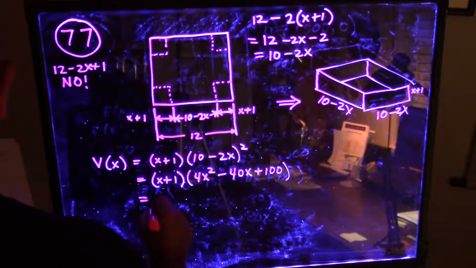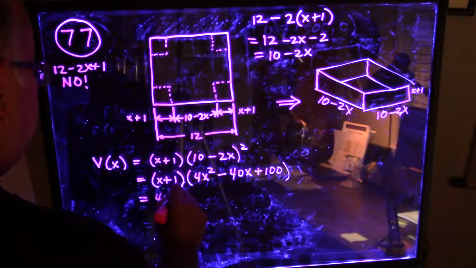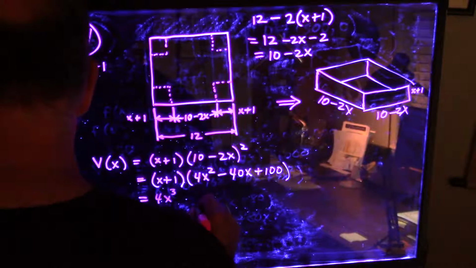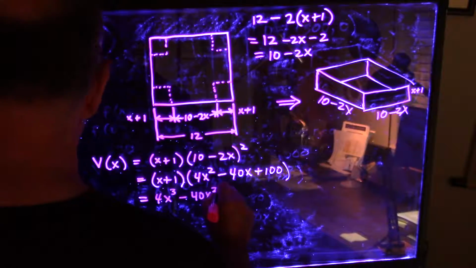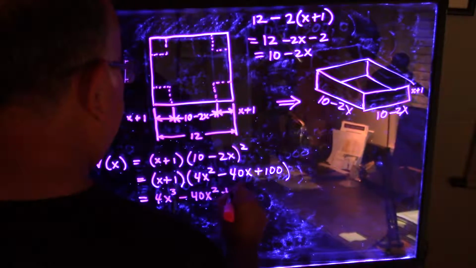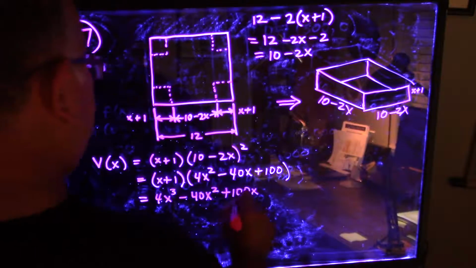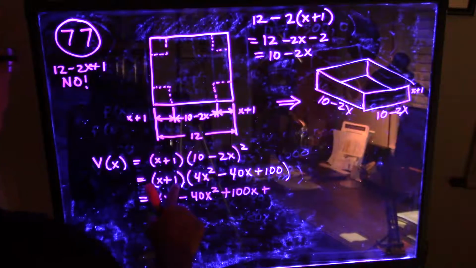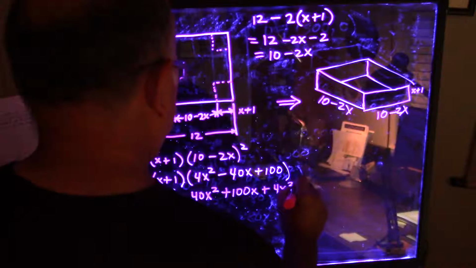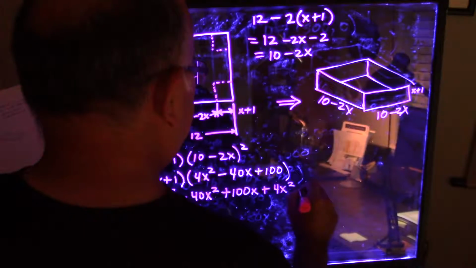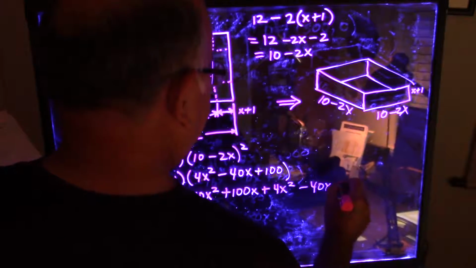So that equals 4x cubed minus 40x squared plus 100x, plus 4x squared. Now I'm doing the 1 times each of those, minus 40x plus 100.